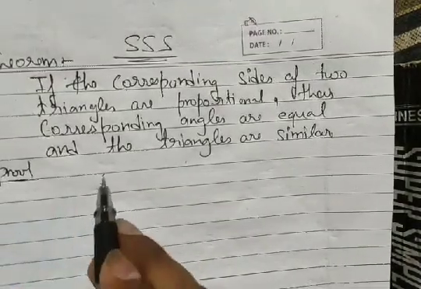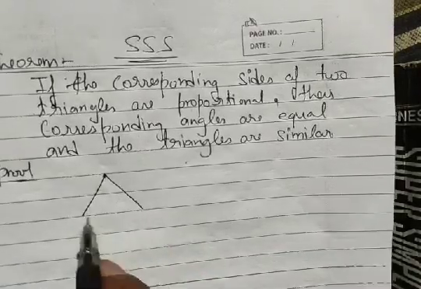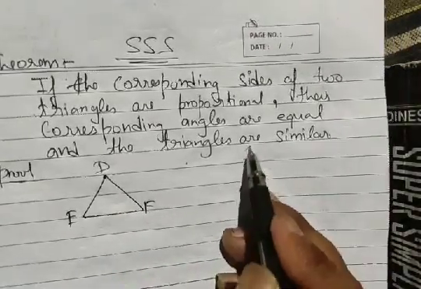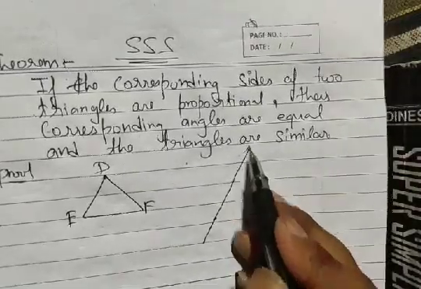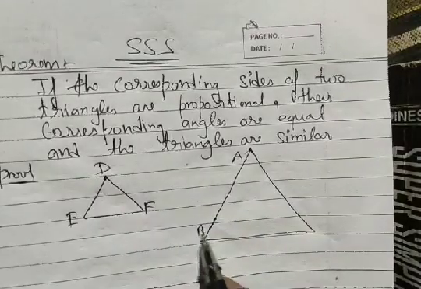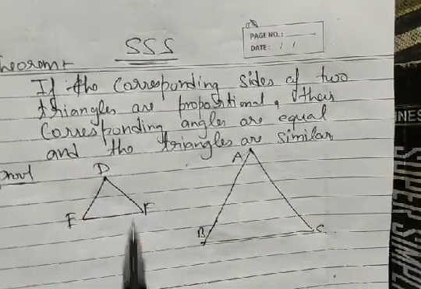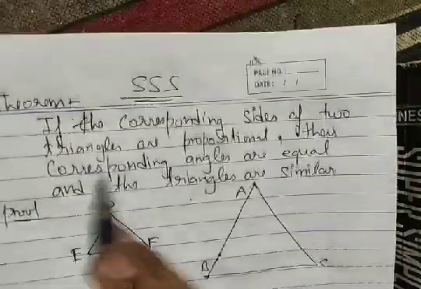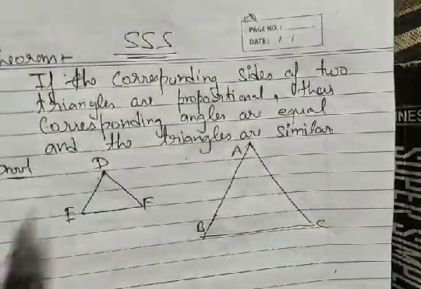What do we do? We draw two triangles, DEF and ABC. Now what is given there? We are given that the sides are in proportion. Then what do we have?